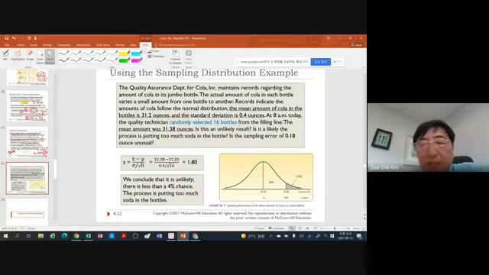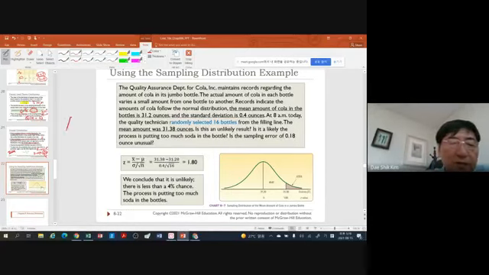This is a good sign because we can use a small sample size. The mean amount of cola in a bottle is 31.2 ounces and the standard deviation is 0.4 ounce. X follows a normal distribution. That's the population.